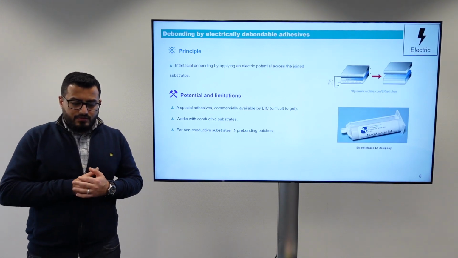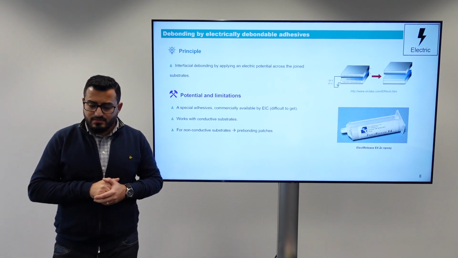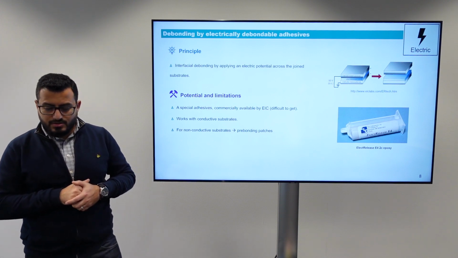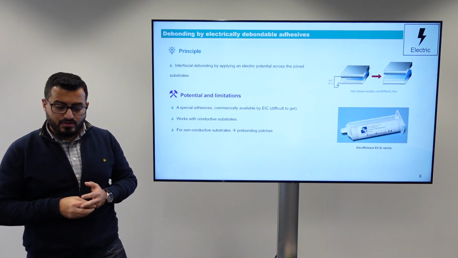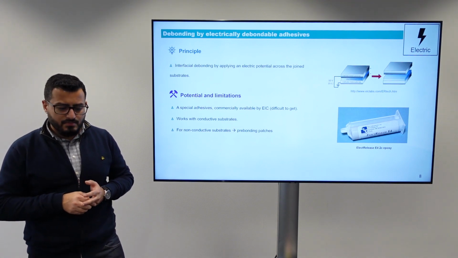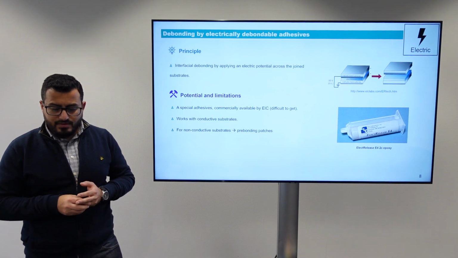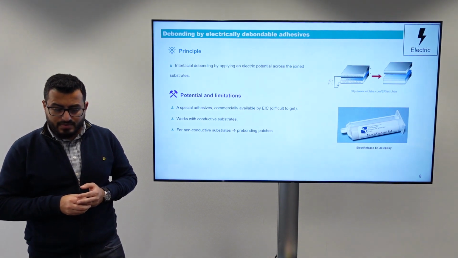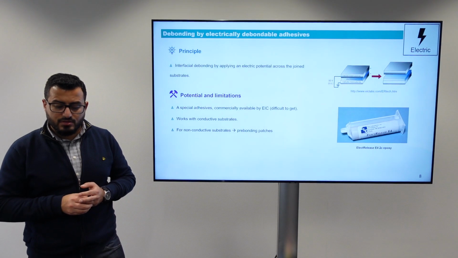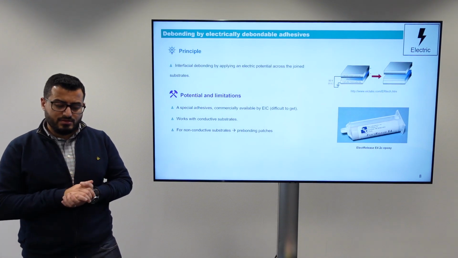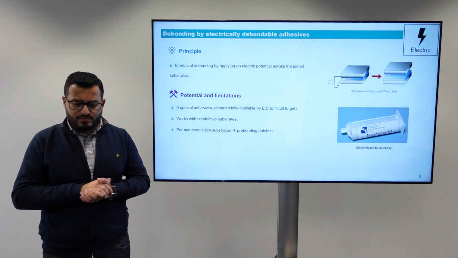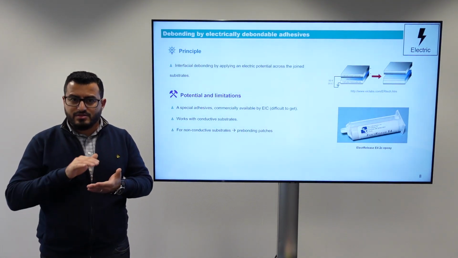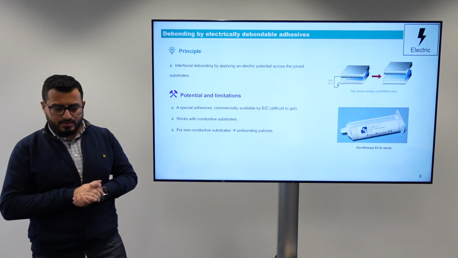Next, we have the debonding by electrically debondable adhesives, and these are actually special adhesives, specially developed by a laboratory in the United States called EIC. And the idea is that by passing an electric potential across two metallic substrates bonded with this special adhesive, you can have instantaneous debonding at the anode side.